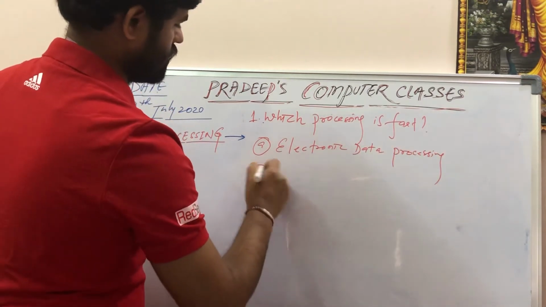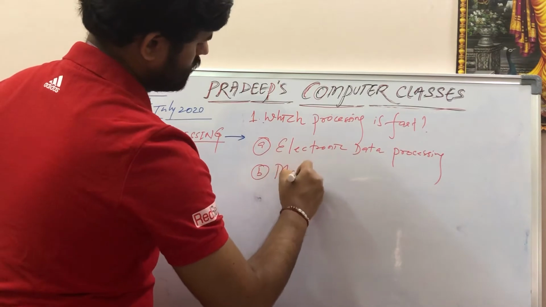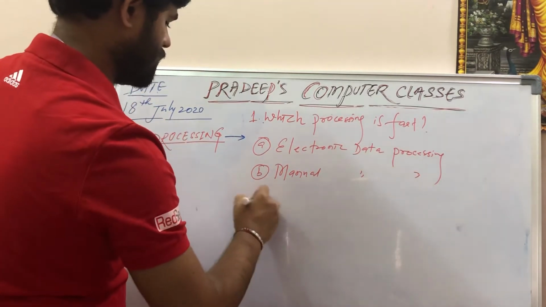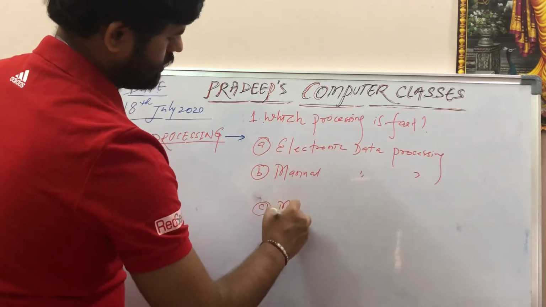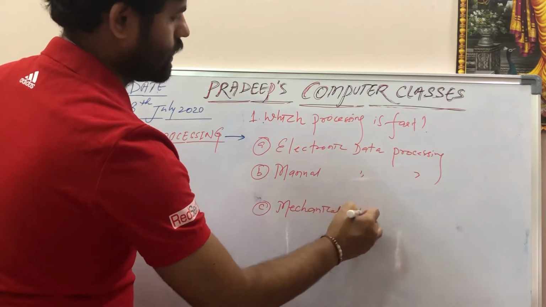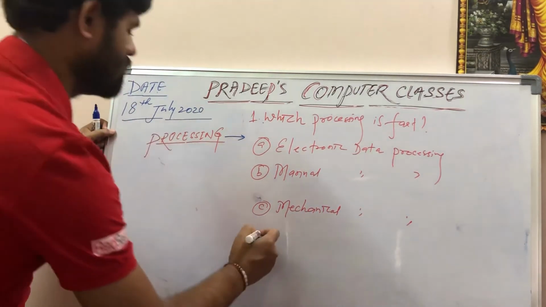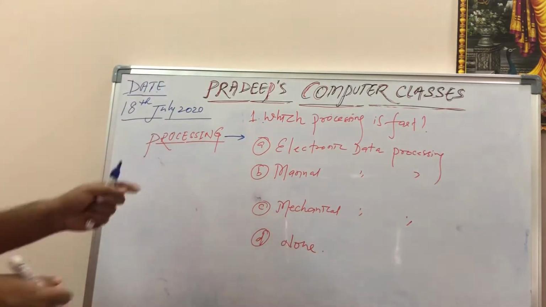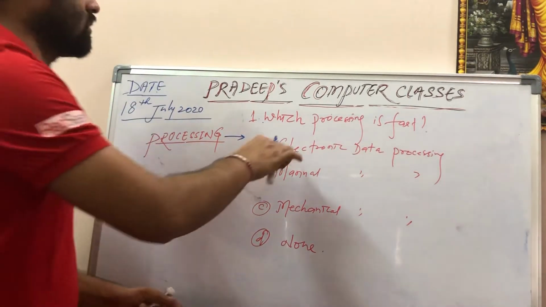B option is manual data processing. C option is mechanical data processing. D option is none of them. So my question is, which processing is fast?